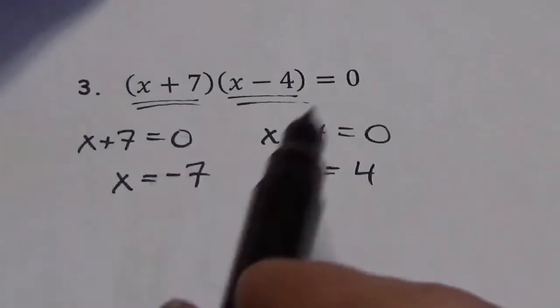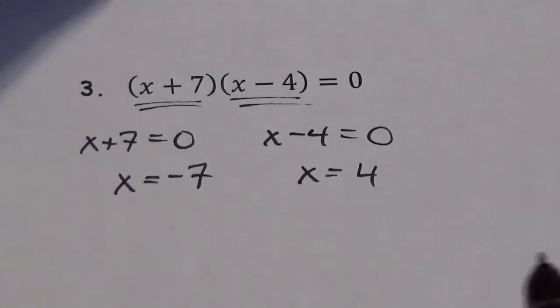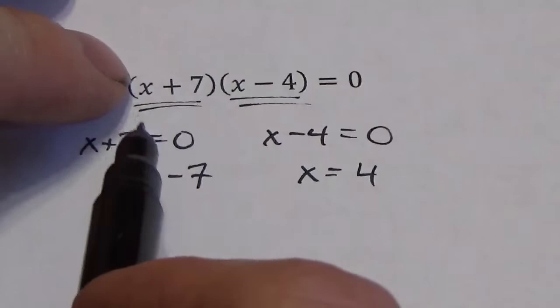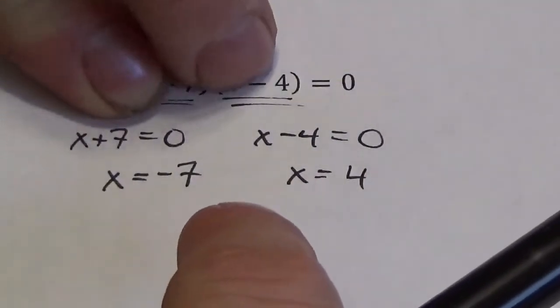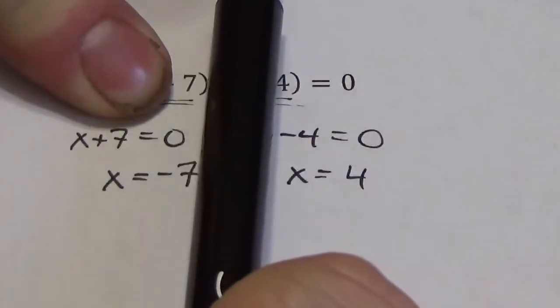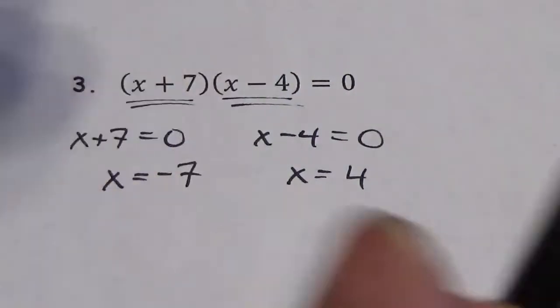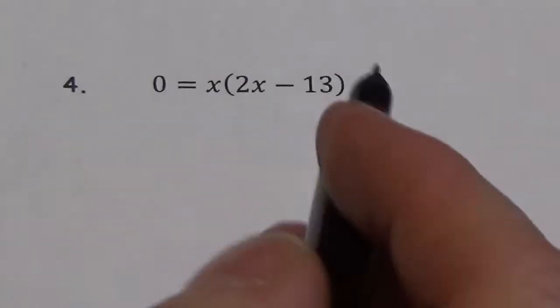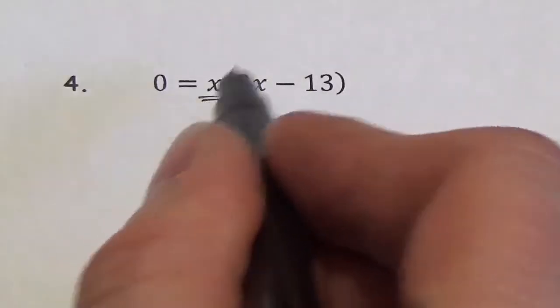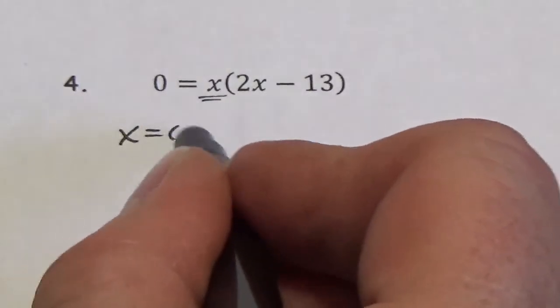I'll even have people look at this and say, oh, one of the solutions is x is 0. And that's not true. If x is equal to 0, this becomes 7, this becomes -4, and 7 times -4 is -28. That's not 0. So plugging in 0 for x doesn't necessarily work all the time. But here it will, because x is all by itself as one of those factors.